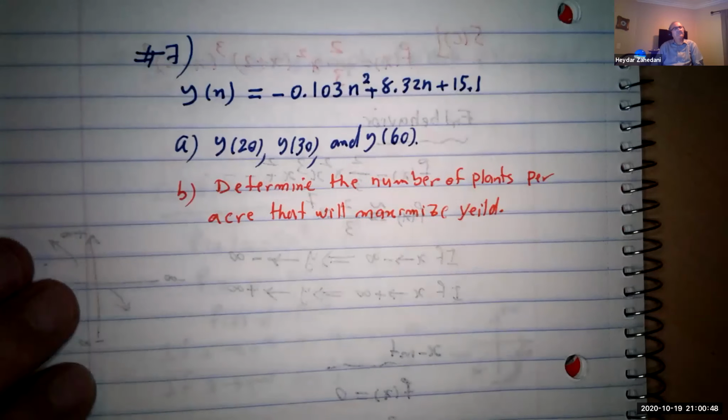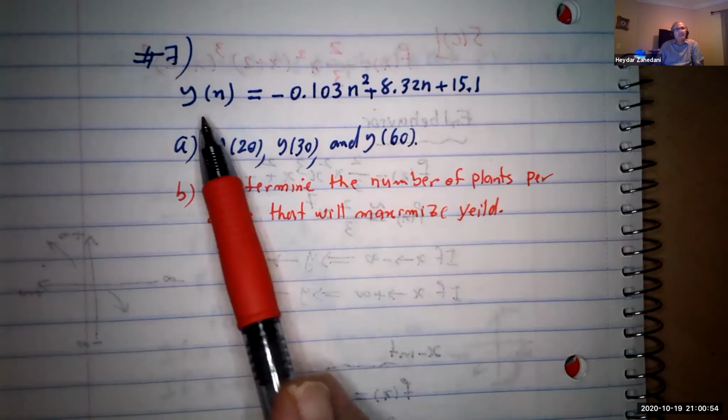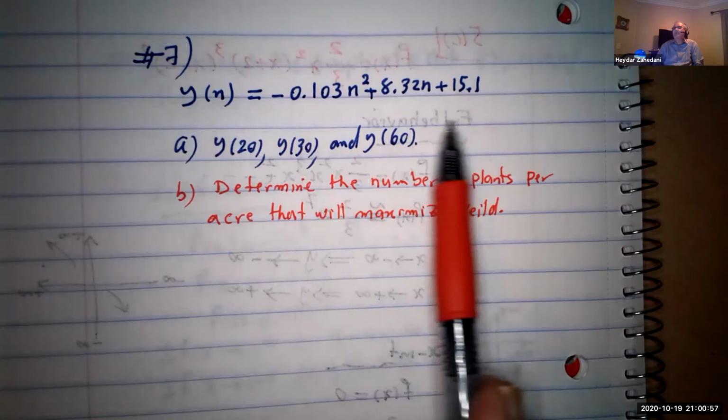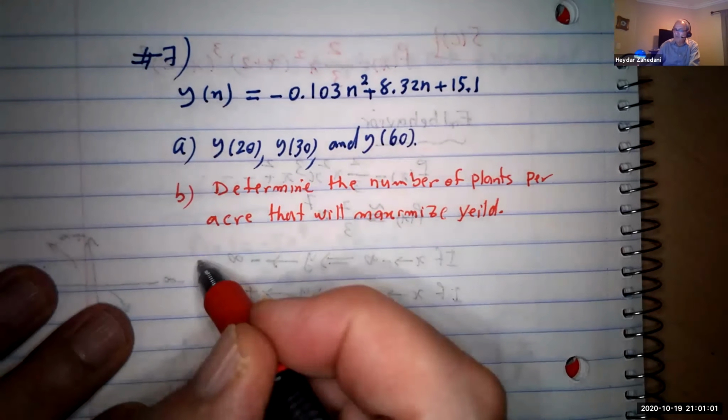So this is the part we're interested in. We would like you to give us the value of n for which this function would be a maximum, and then they ask for the maximum value.